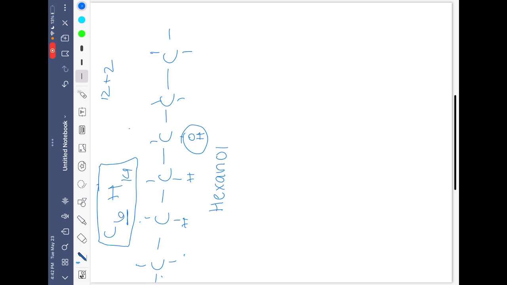And that's all you really do for that. So the molecular formula of that would technically be C6H13OH is really how it would be written, or sometimes it can be written as C6H14O. But technically, this would be the correct formula for it. I think that's about it. So there you are.